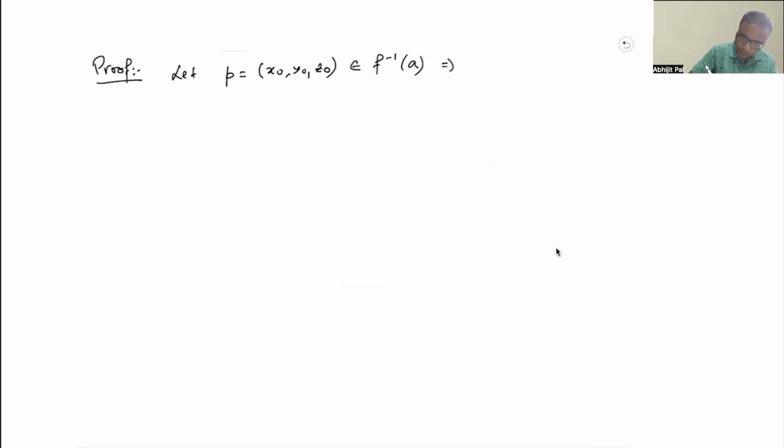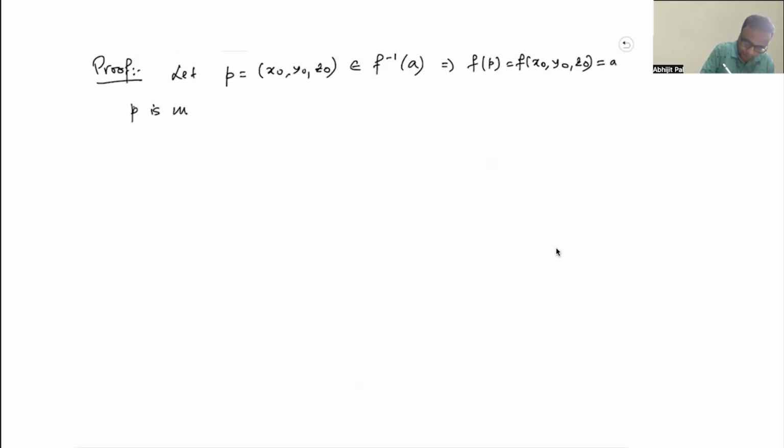So this implies that f(P) equals f(x naught, y naught, z naught), which is equal to a. Okay. And this point P is not a critical point.